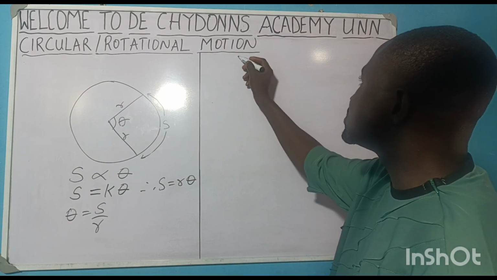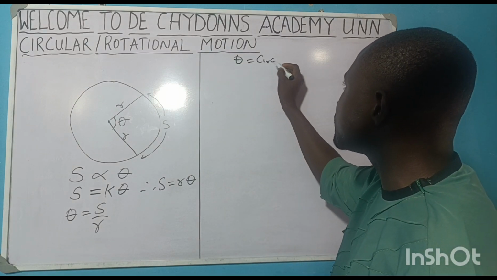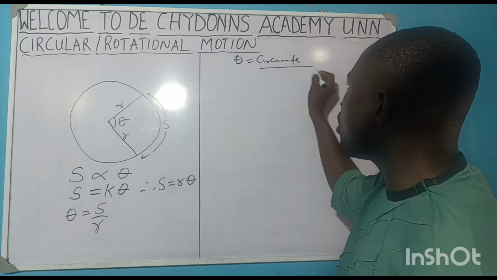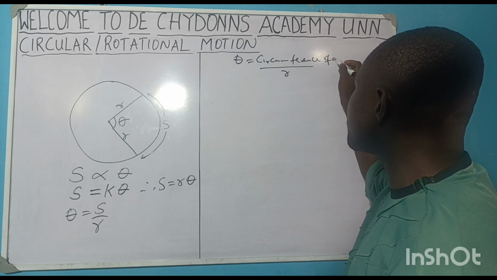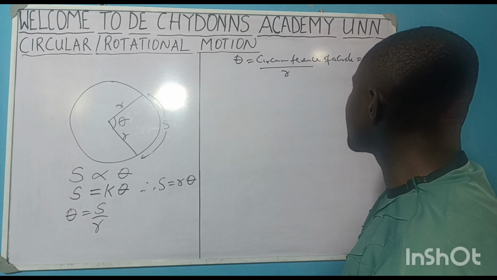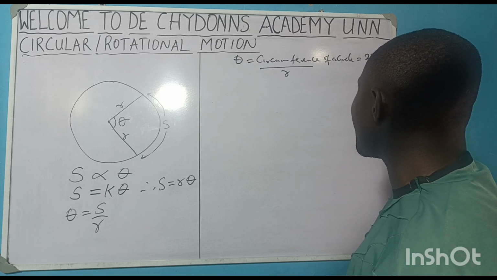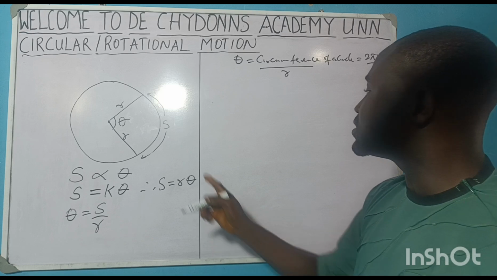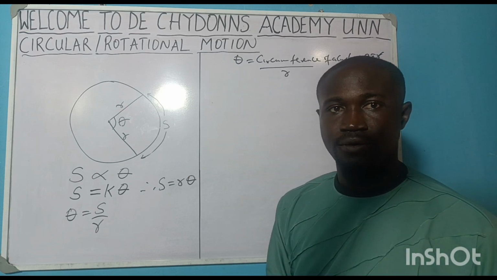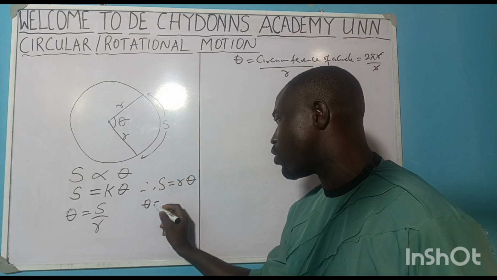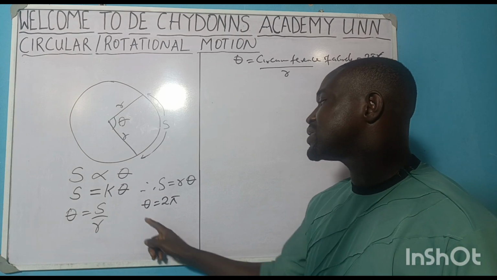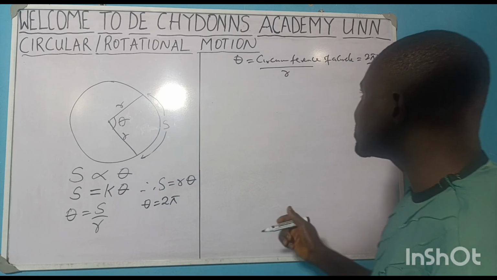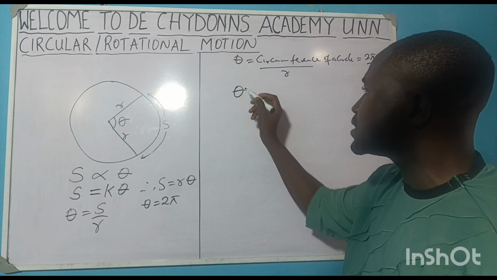When you say theta equals the circumference of a circle all over r, it will be giving you 2 pi r all over r. That will be giving you theta equal to 2 pi. So we will also have theta equal to 2 pi.